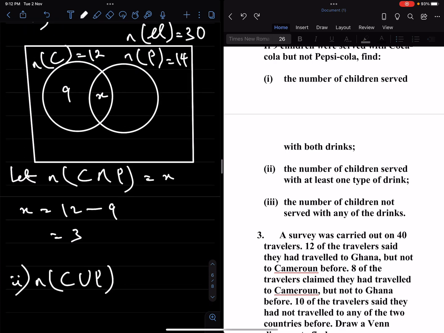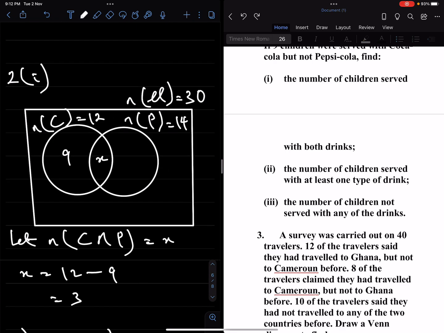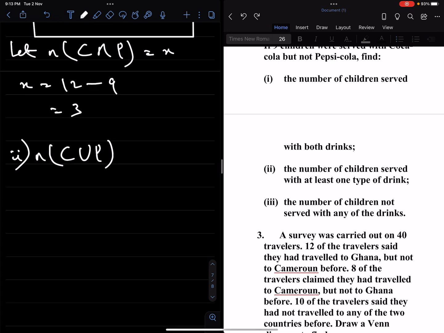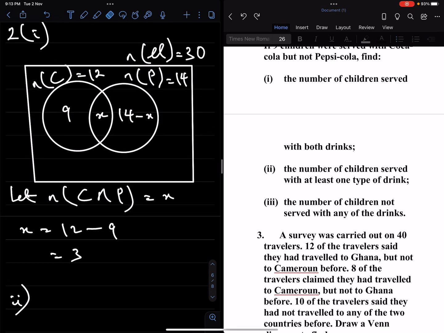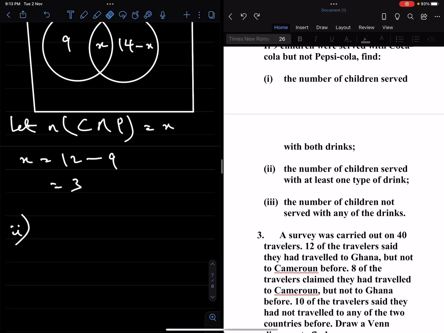So the cardinality of C union P is now going to be, but I need to find this one first. I need to find the number of children served with only Pepsi first, and that's going to be 14 minus X. So before I can find the number of elements in the set C union P, I need to find this first.